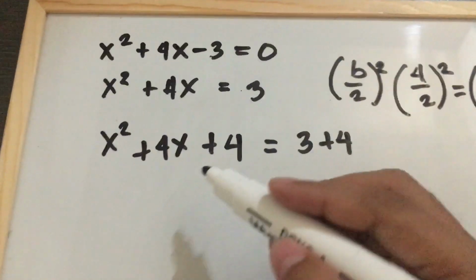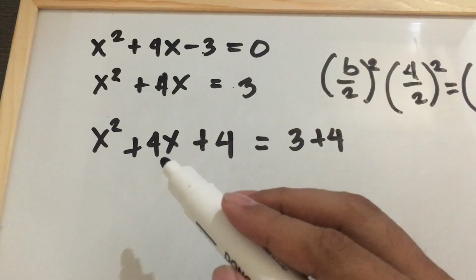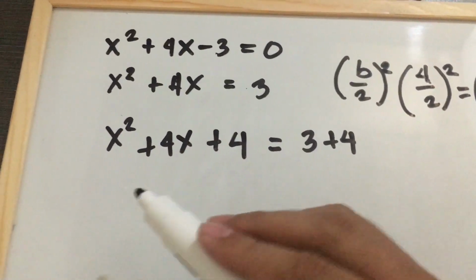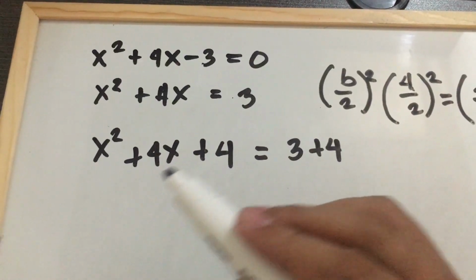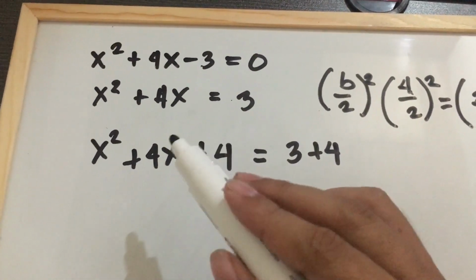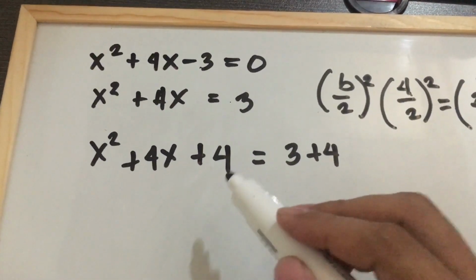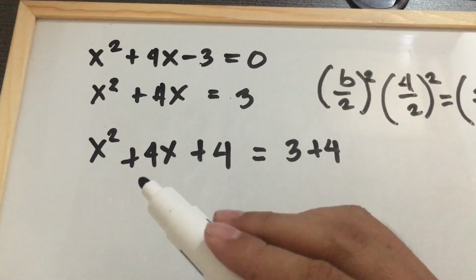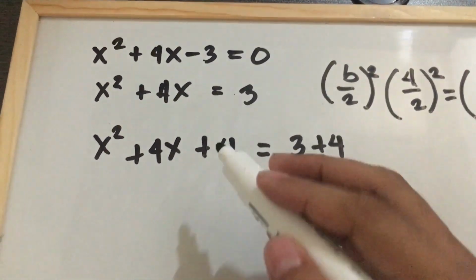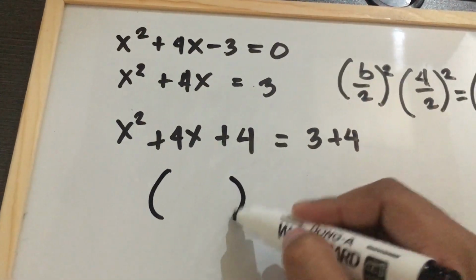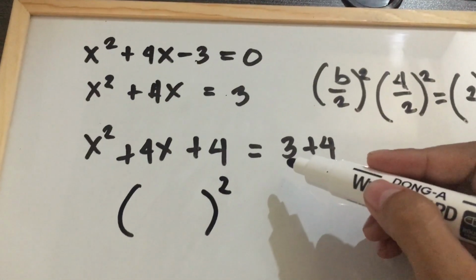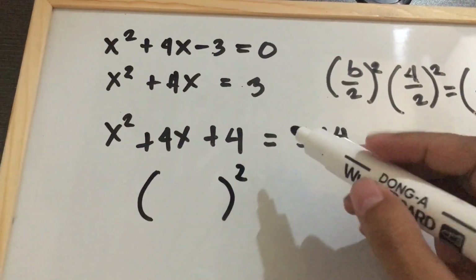At this point, x squared plus 4x plus 4 is what you call a perfect square trinomial. If you factor the perfect square trinomial, you will arrive at a perfect square binomial. The technique is very simple.